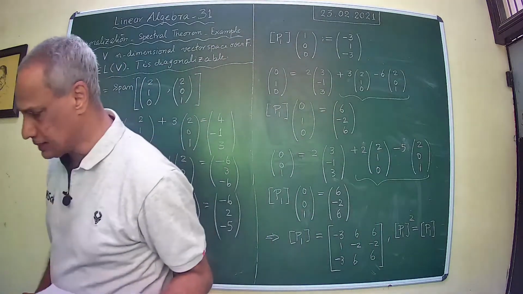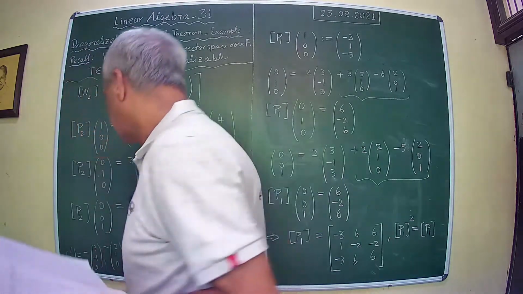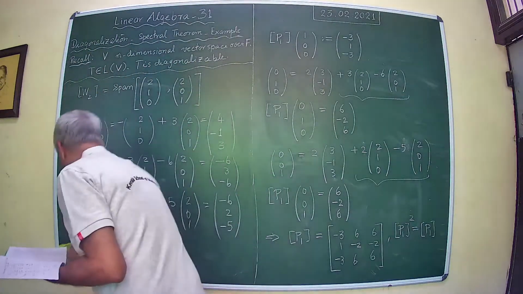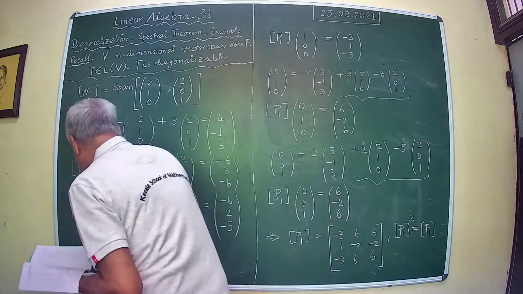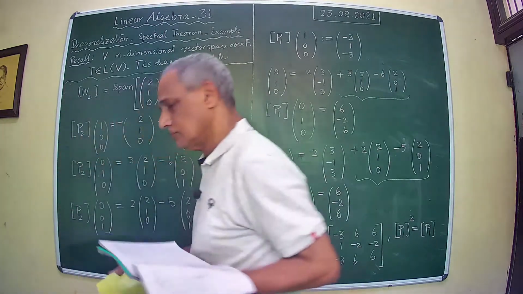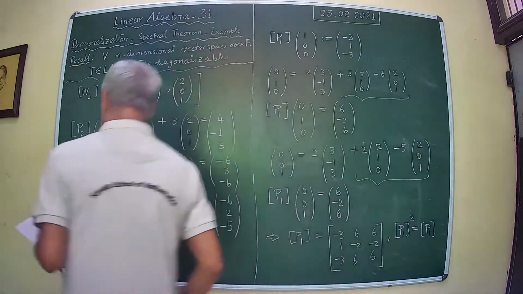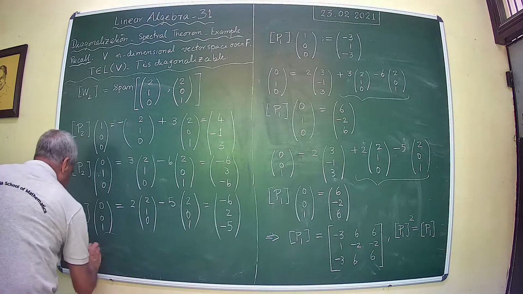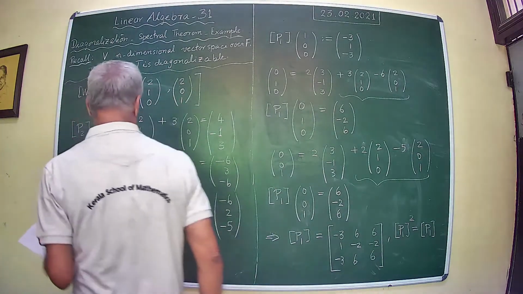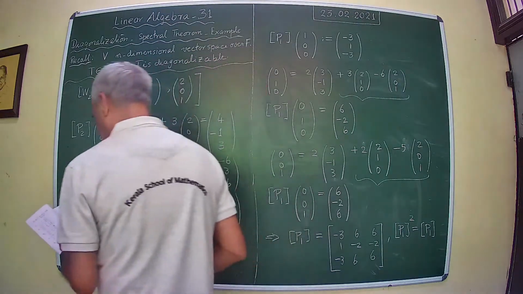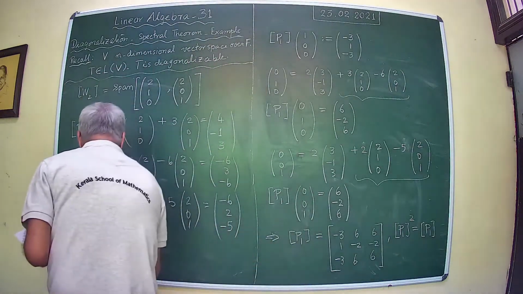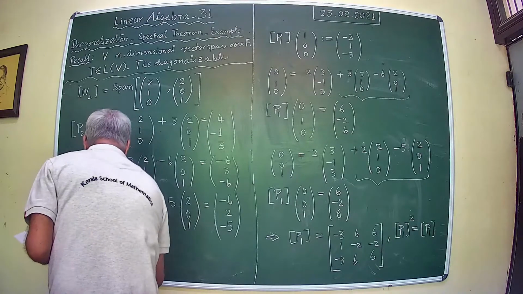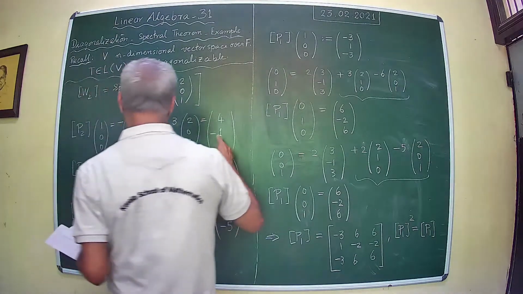Therefore, the matrix of P2 is given by 4, minus 1, 3, and so on.